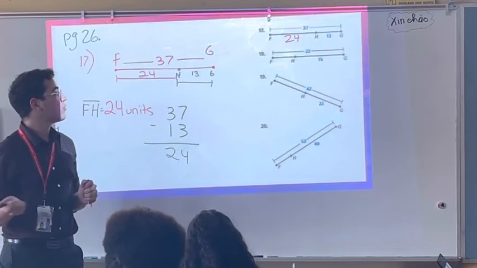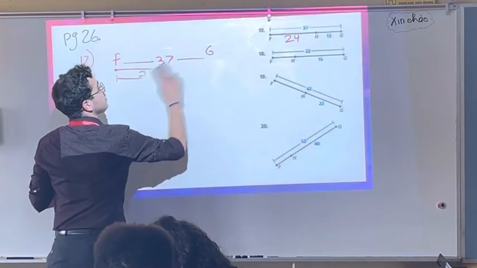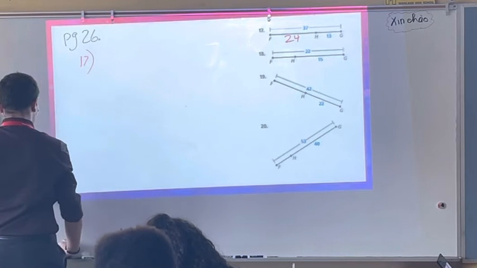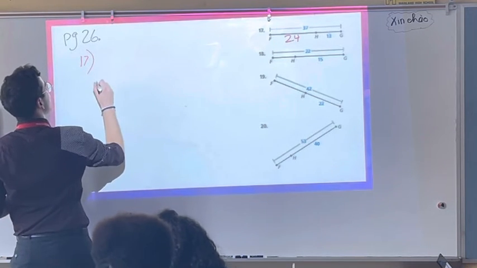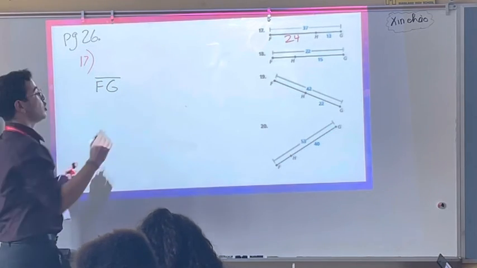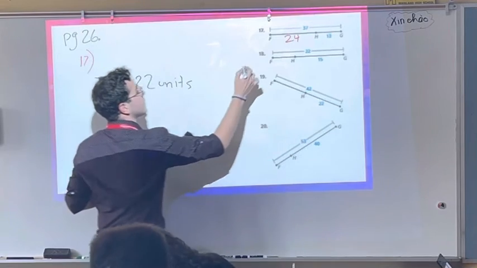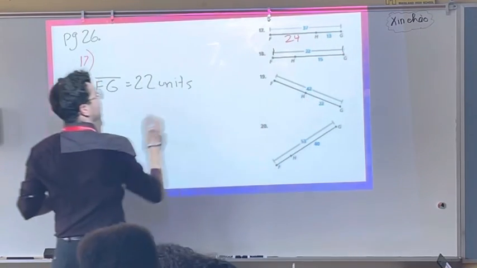Exactly. So Khalil, work with me on number 18. We have FG. What is the total distance of FG? 22 units. That is a total. How about HG?